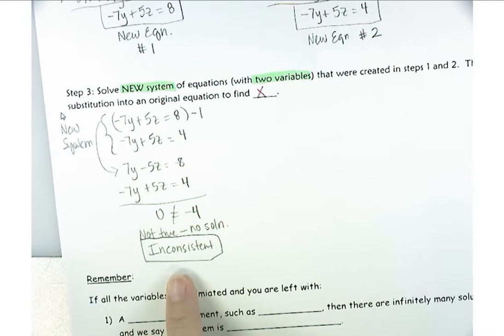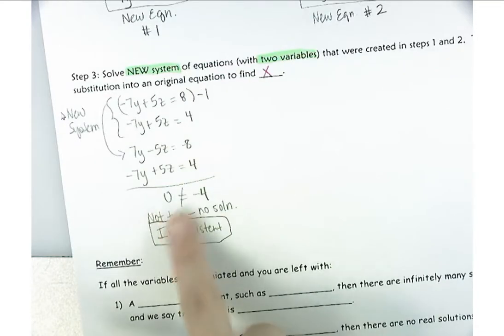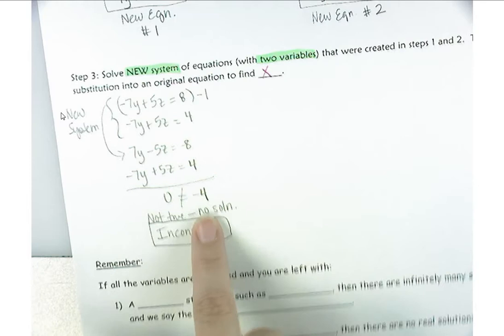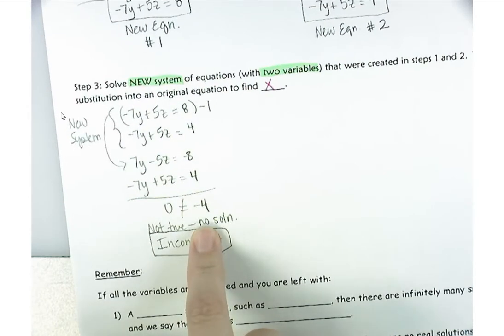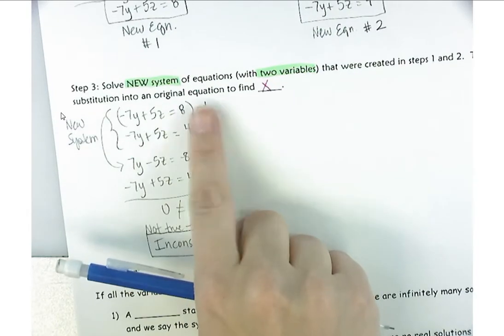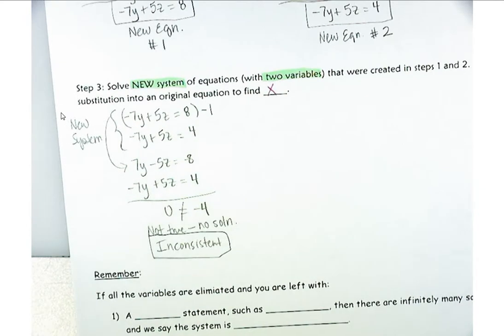Okay? If you did solve, okay, then you would find y and z and then plug y and z into an original equation to find out what x is.